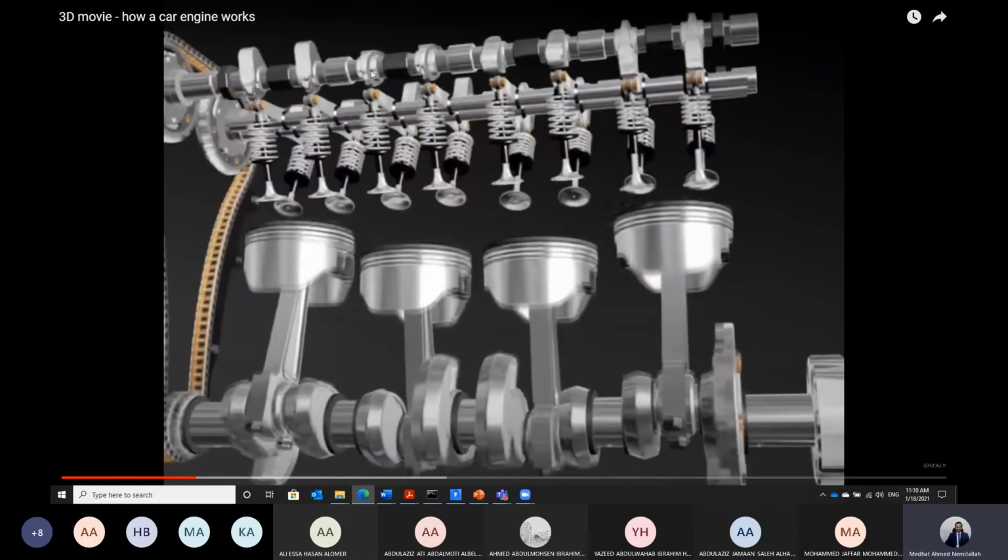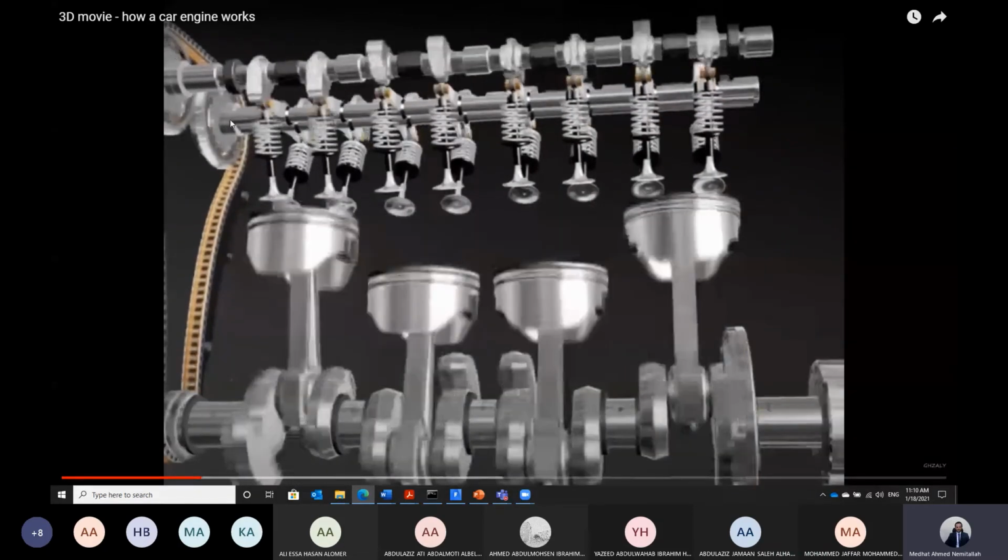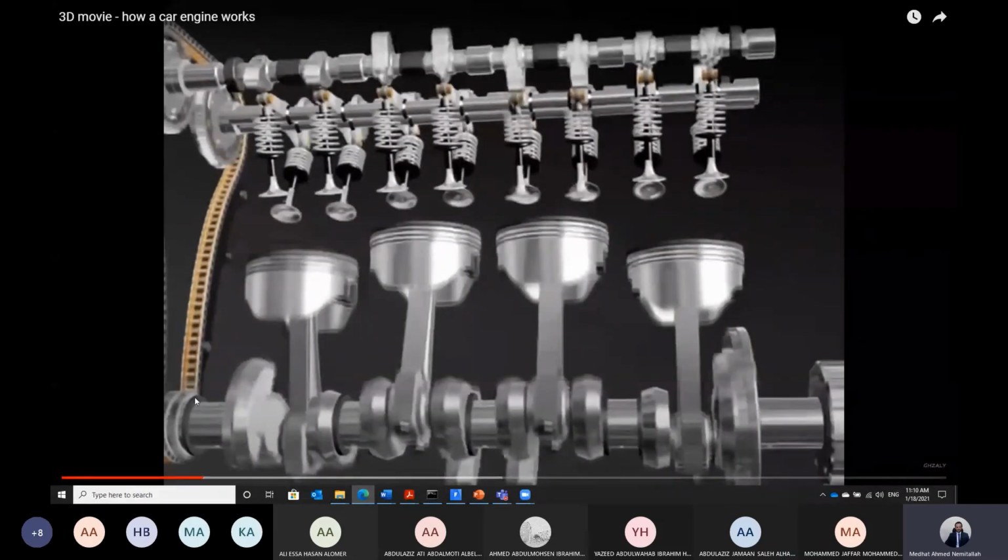We have one camshaft for the intake valve and another camshaft for the exhaust valve. Those camshafts are operated through this chain belt. This chain takes the power from the crankshaft to drive the two camshafts. On the camshaft, we have the cams fixed, which open and close the intake and the exhaust valve.